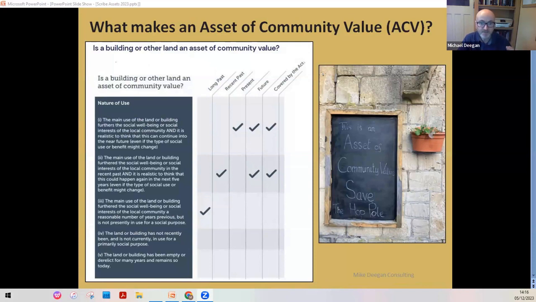However, the Act strictly defines assets of community value in terms of the purpose for which they're being or have been used, rather than the nature of the asset itself. So not in terms of any historical or architectural merit or any rarity value. And the Localism Act does state that social interest includes things like cultural, recreational and sporting interests.